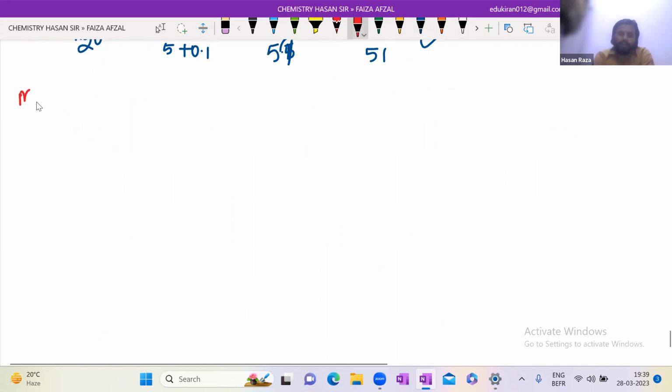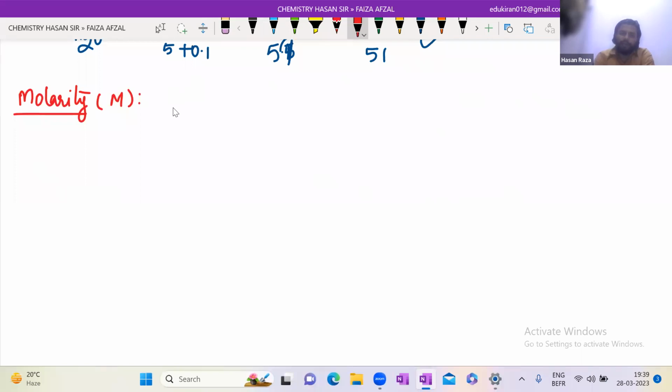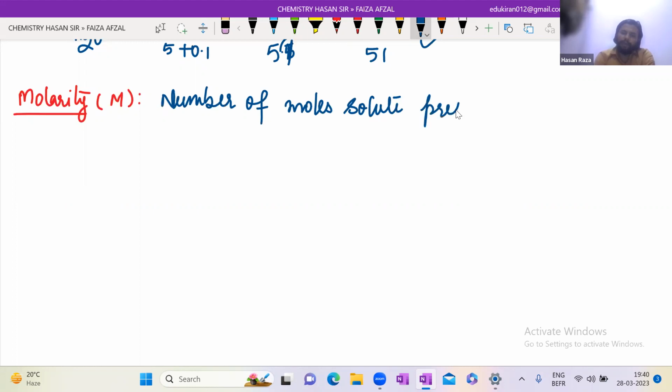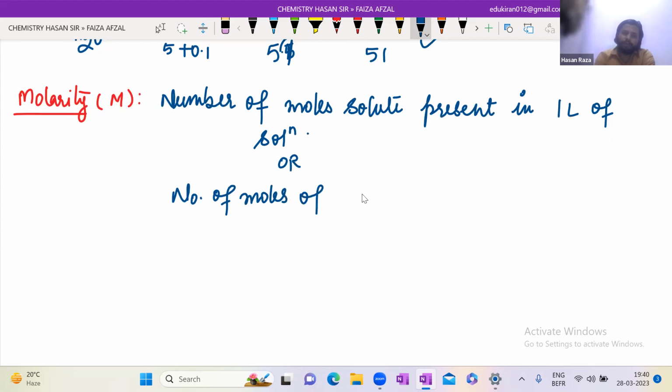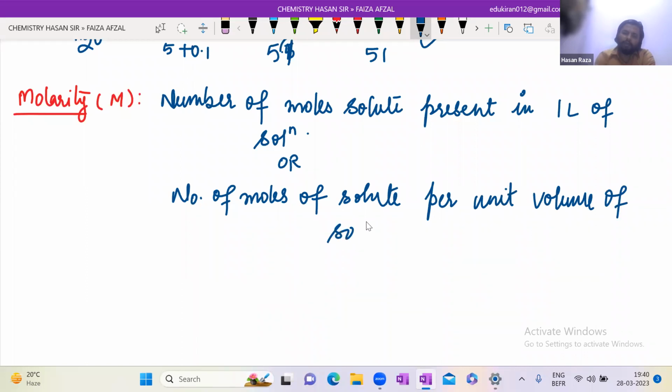Now the next concentration term is molarity. Molarity, we denote it by capital M. First of all, I'm going to define it: it is the number of moles of solute present in 1 liter of solution, or you can define it as number of moles of solute per unit volume of solution in liter.